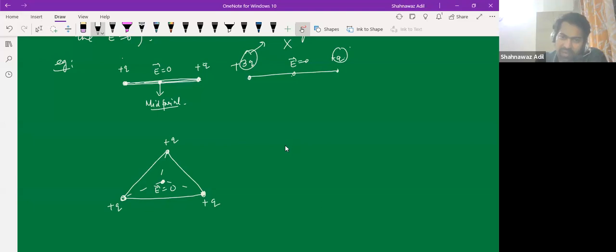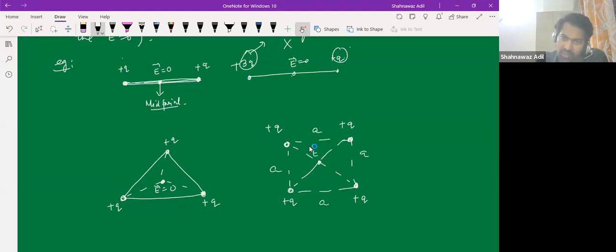Similarly, if you have a square, this is symmetric. So without doing the actual calculation, you can tell me what would be the electric field at this point.